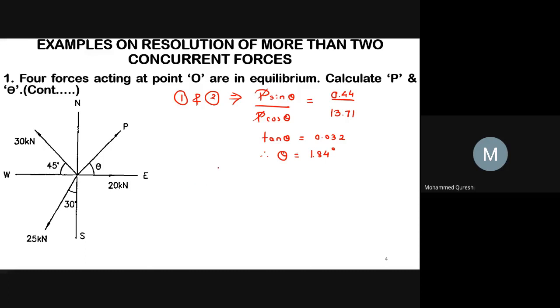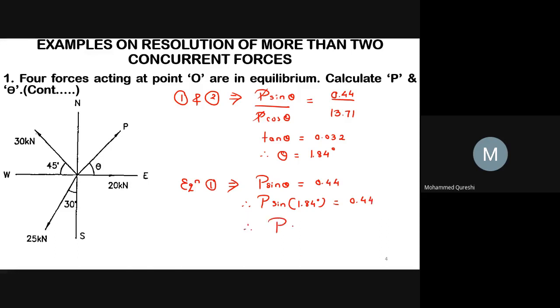Now we will put the value of theta in any of the above equations, either equation 1 or equation 2. So now equation 1 implies P sine theta equals 0.44. Therefore, P into sine of the value of theta that we have obtained above, 1.84, equals 0.44.